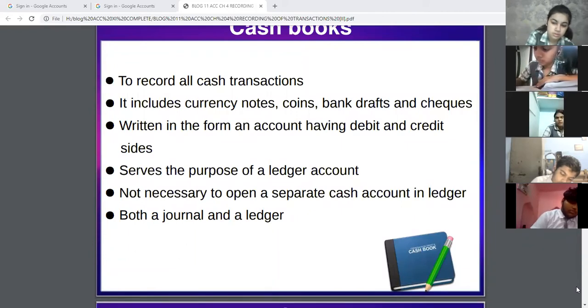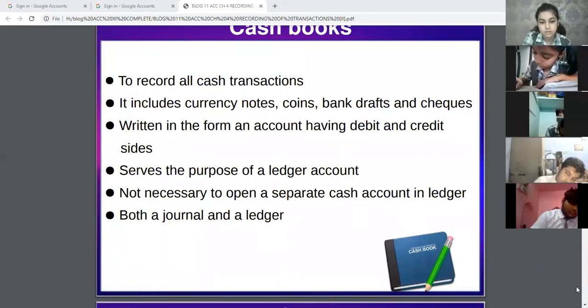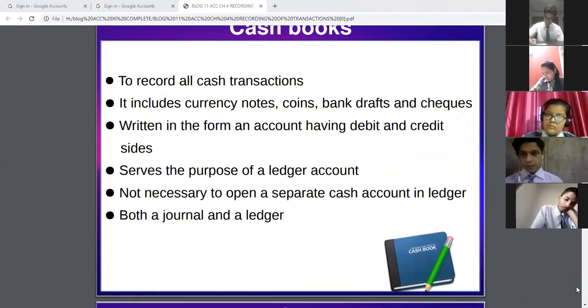So children, cash book is prepared to record all cash transactions. It works as a journal and ledger book. Cash book is an original book of entry.